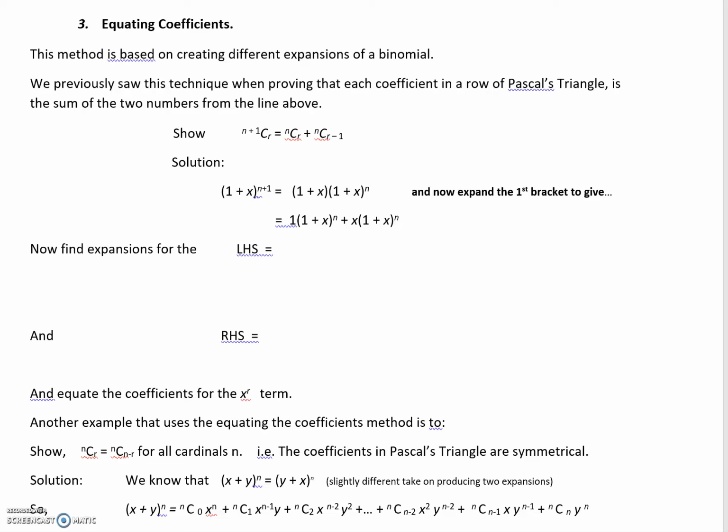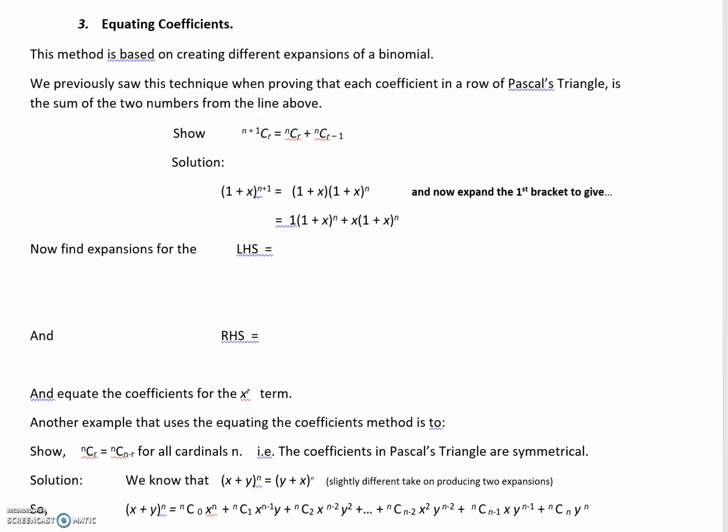And so the third method that you need to be familiar with is equating coefficients. And again, you saw this method when we showed a proof of one of the features of Pascal's triangle very early on.